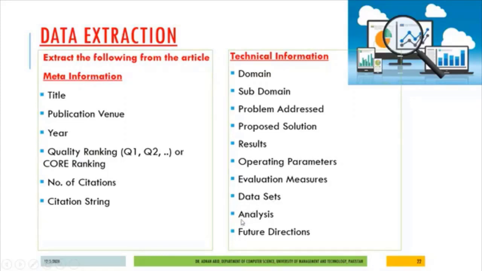Another important perspective is the analysis part. At times there are articles which just explain the numbers, saying we managed to achieve 78% accuracy and our competitor could only achieve 68% accuracy. So why was your approach better than the previous approach, the benchmark approach? That analysis part is again very important, and if it is given in that primary study, then we should note it down.